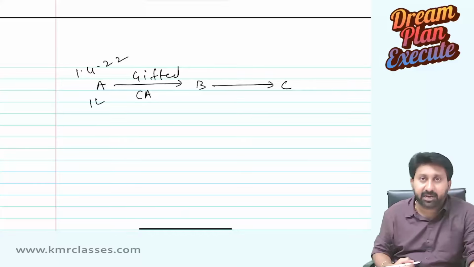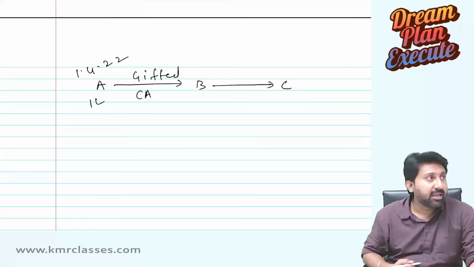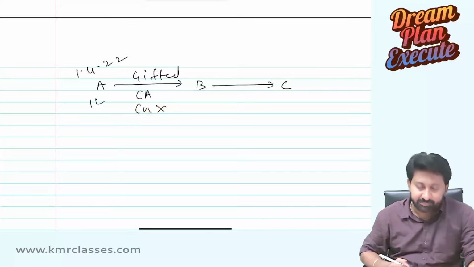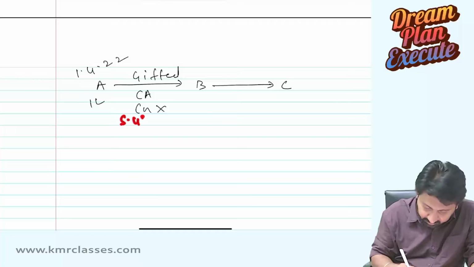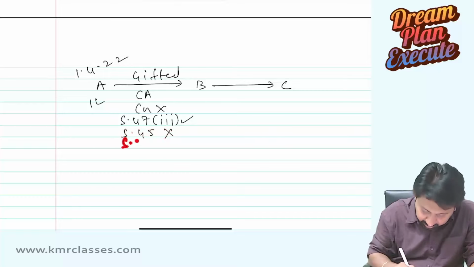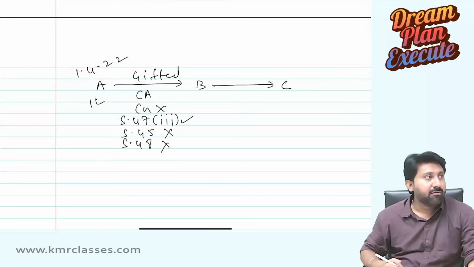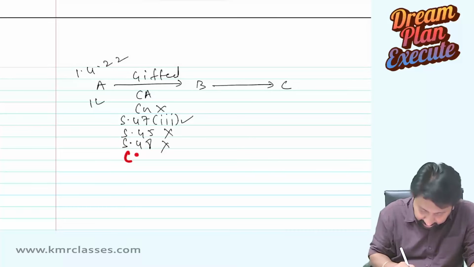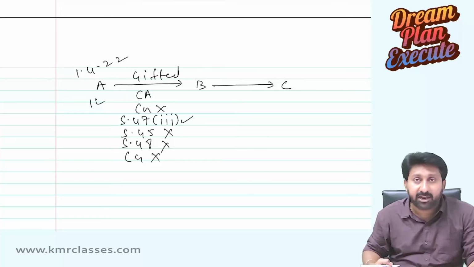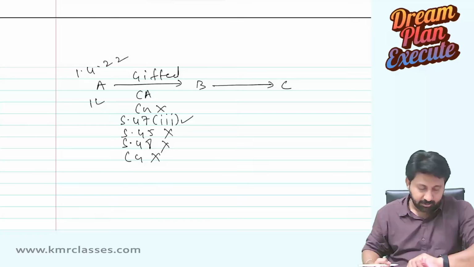Gifted this capital asset without a consideration. 47(3) will get attracted. 45 will not get attracted. 48 will not get attracted. Capital gain will not get attracted. I mean, tax on capital gain will not get attracted. Next.